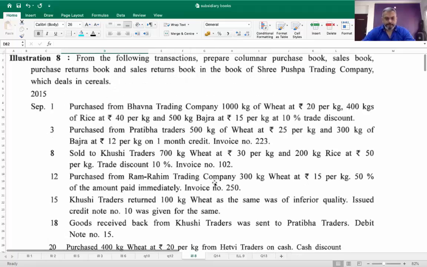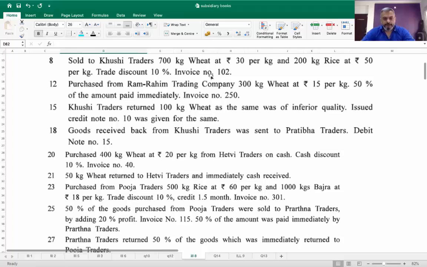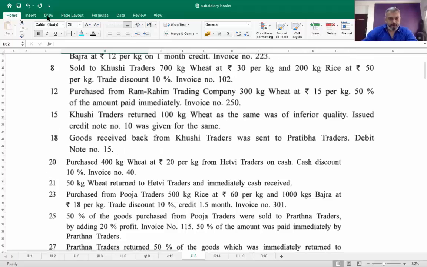Next, Khushi Traders return 100 kg wheat as the same was of inferior quality, credit note number 10 was given for the same. Mark this important.